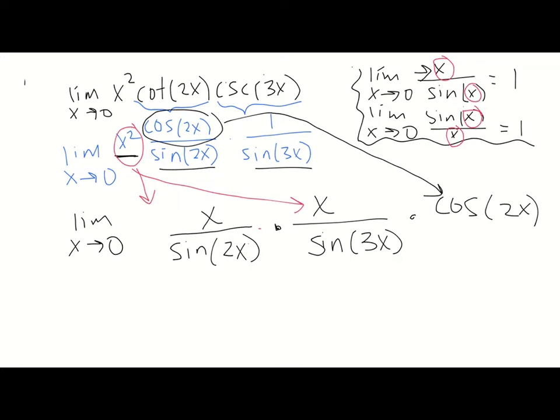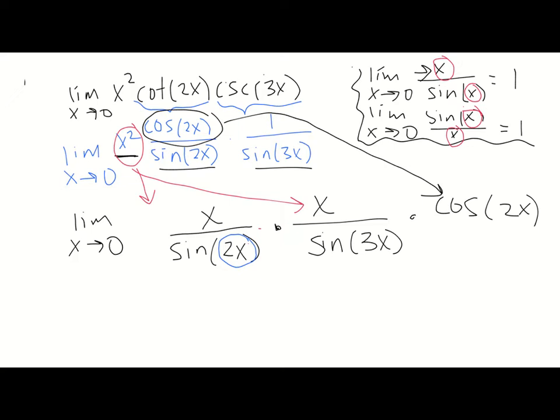And now we're trying to create that sine of something over that thing within the sine. So if you look here, we have a 2x within the sine. So what that means is that we need a 2x on the top of the fraction here, but we don't have that right now. So we have to create it.